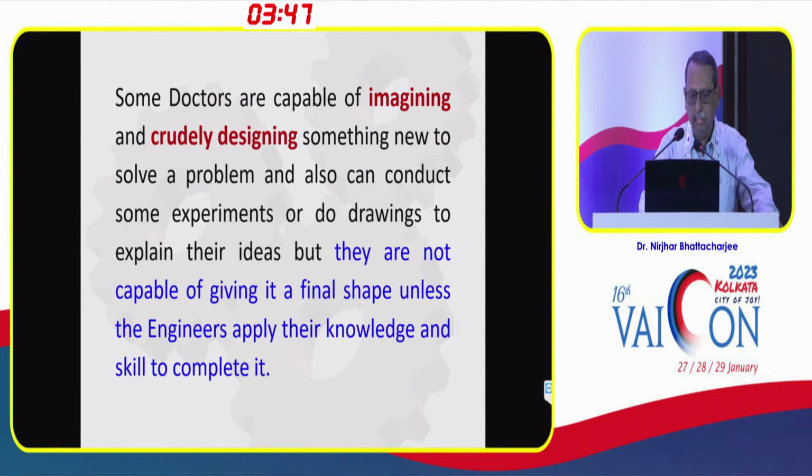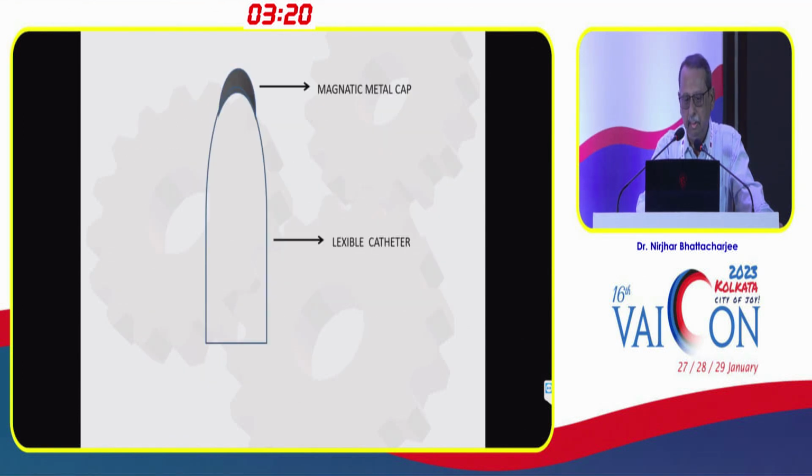This thing we do. See, some doctors, many of you, are capable of imagining and crudely designing something new to solve a problem, and can also conduct some experiments or do drawings to explain their ideas. But they are not capable of giving it a final shape unless the engineers apply their knowledge and skill to complete it.